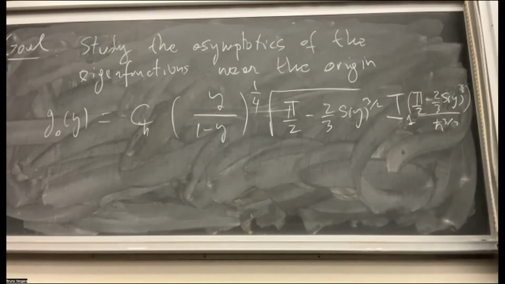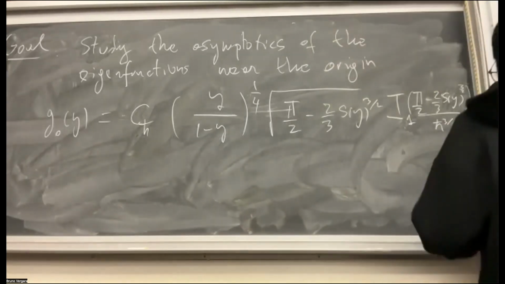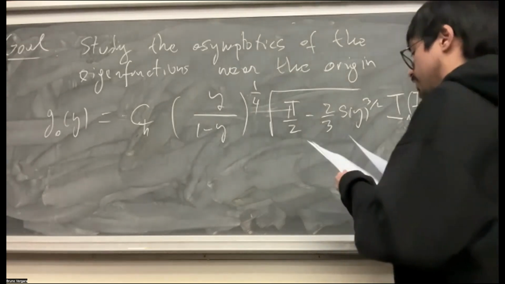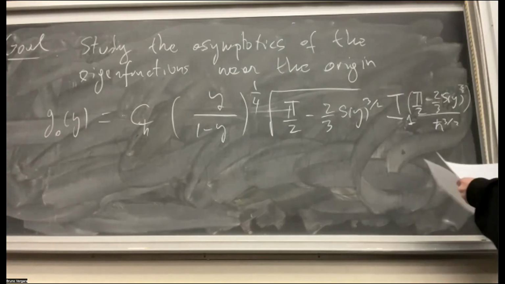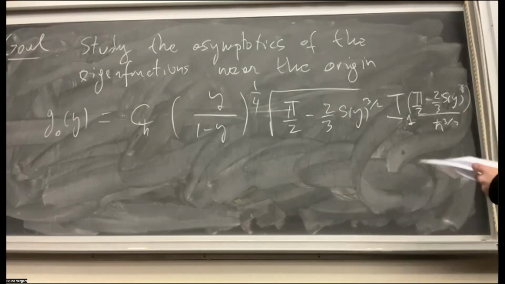But S is going to involve the turning point. So I'm going to write what S is, and maybe with that we can figure out exactly what the relationship is. So let me write that here.